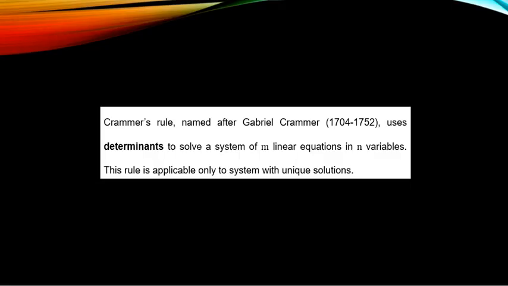So let's look at the method properly. Cramer's rule is named after Gabriel Cramer, 1704 to 1752. He invented this method of solving equations.